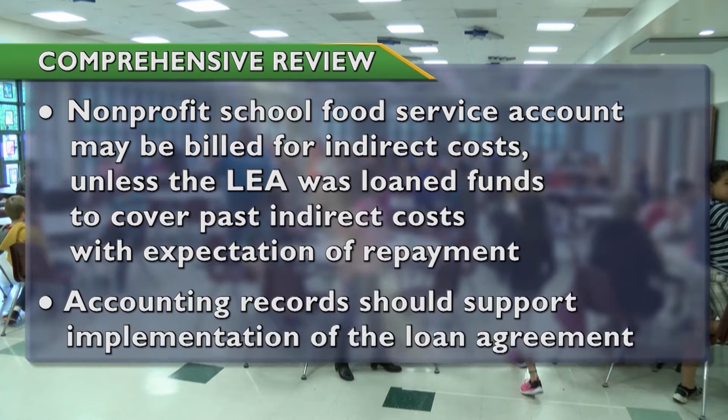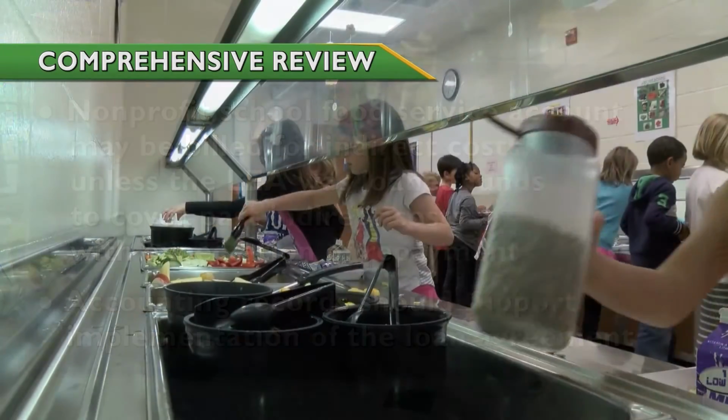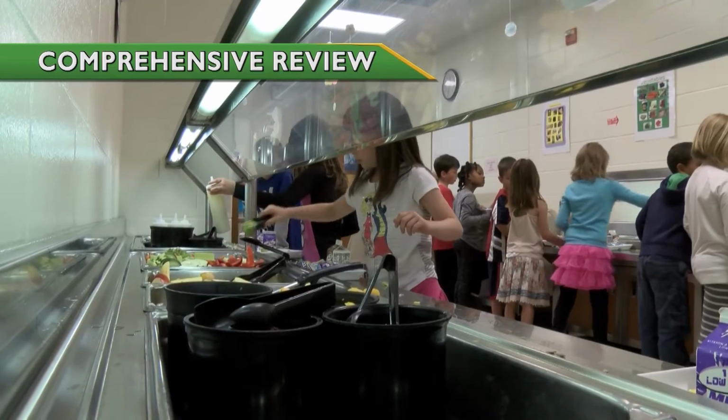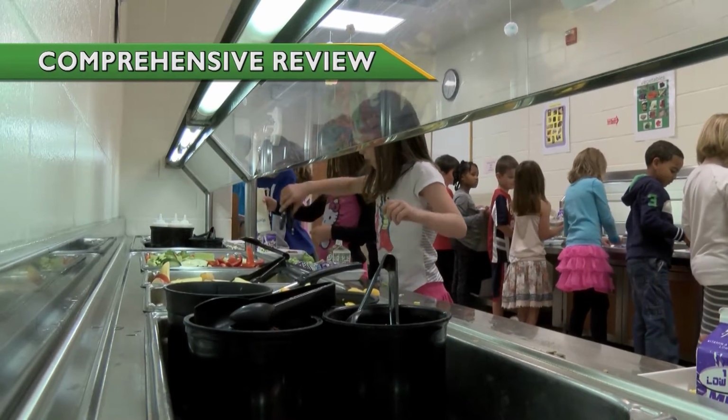In such cases, accounting records should support implementation of the loan agreement. For example, a transfer of funds from the general fund to the food service account might be recorded as receivable.